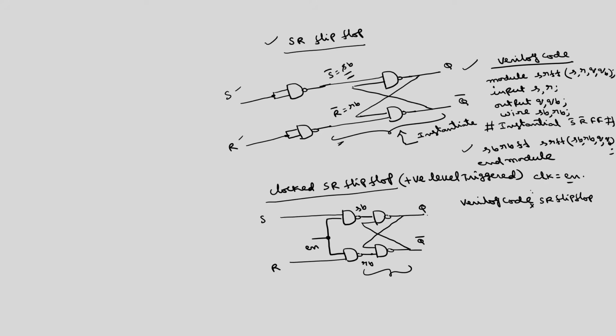You can also call it clocked. Say module, you can call this one SR flip flop clock level. I am giving this as the name. So, what are the inputs and outputs? S, R are the inputs, corresponding outputs are Q, QB.